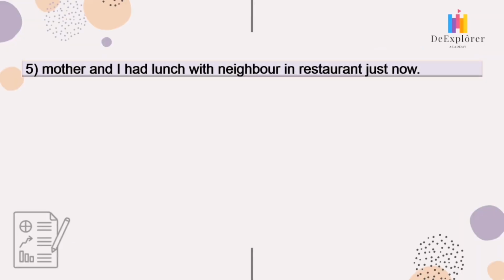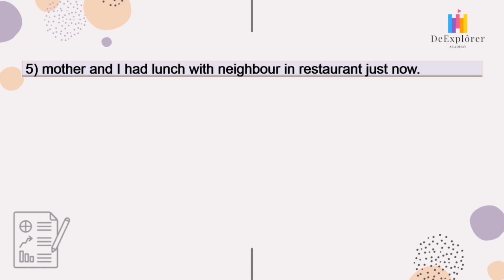Number 5. Read the sentence first. Mother and I had lunch with neighbor in restaurant just now. Okay, so the first thing to do is to underline your nouns. Okay, what are the nouns that you need to underline?